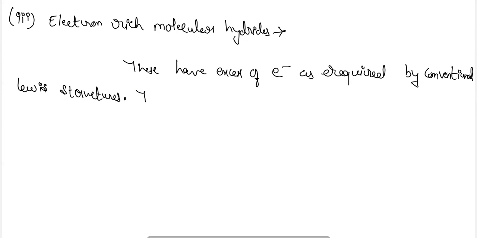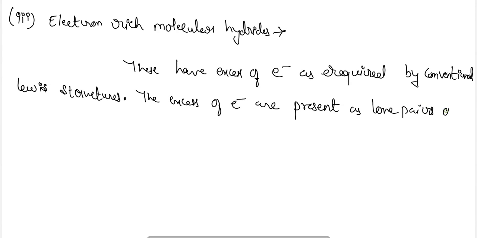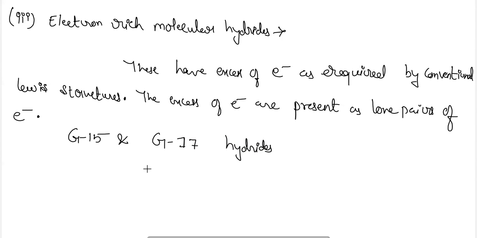The excess electrons are present as lone pairs of electrons. Generally, the group 15 to group 17 hydrides have this kind of nature.